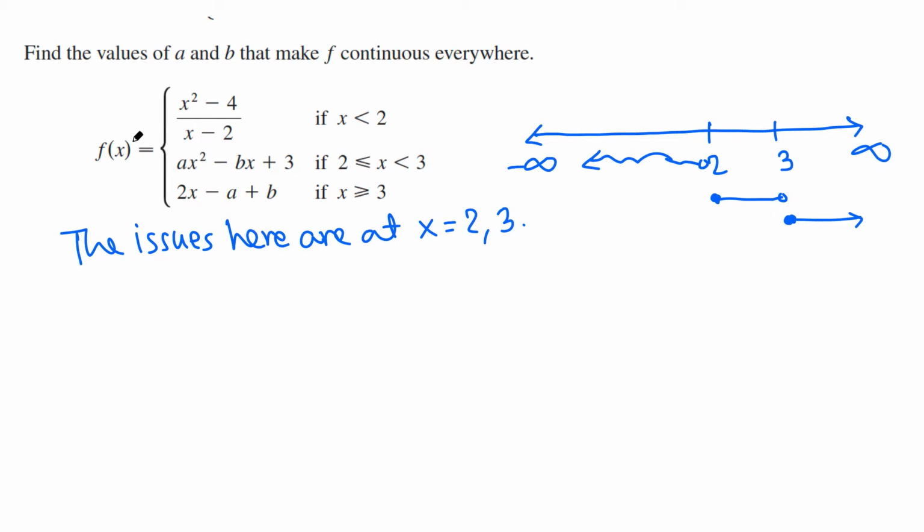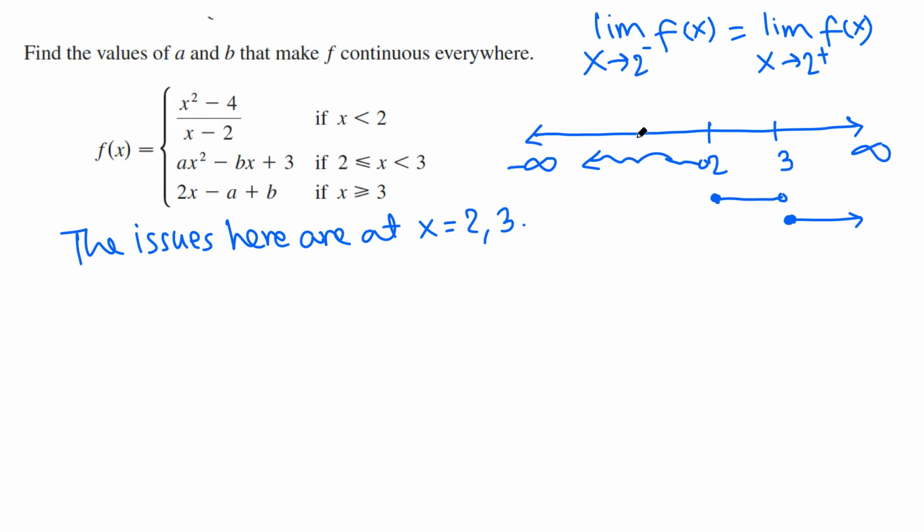So for the limit of f at 2 to exist, the limit of the function when x approaches 2 from left should be equal to the limit of the function when x approaches 2 from right. This should be the same so that the limit exists. We have more conditions to satisfy, but this is a necessary condition. And same thing at 3.